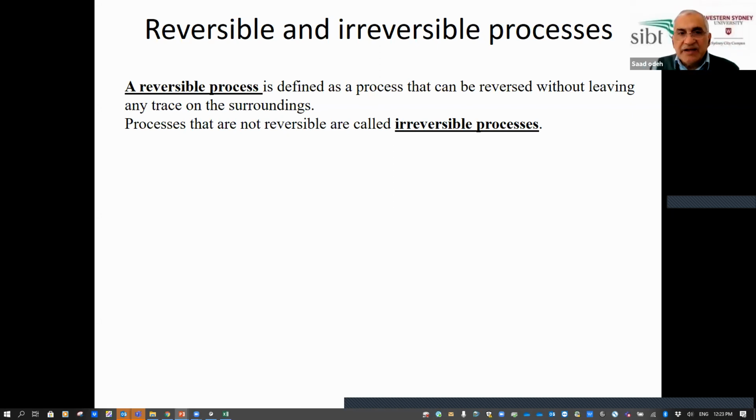Therefore, we always have irreversible processes in real life. A reversible process is defined as a process that can be reversed without leaving any trace or without losing any energy. While the irreversible process, which is the real life process, is a process that is not reversible. All real life applications are irreversible processes.